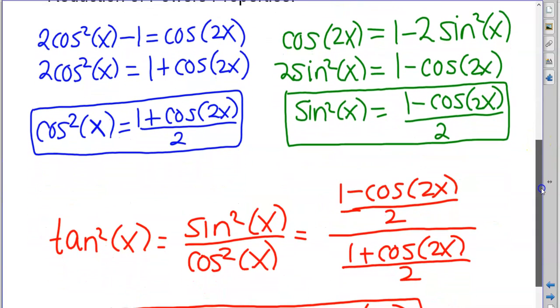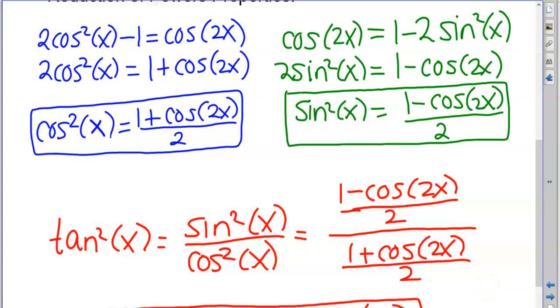So with tangent squared, since we know that tangent is sine over cosine by the quotient properties, we can say tangent squared is sine squared over cosine squared, and then I'm just going to replace the sine squared with 1 minus cosine of 2x over 2, and the cosine squared with 1 plus cosine of 2x over 2.